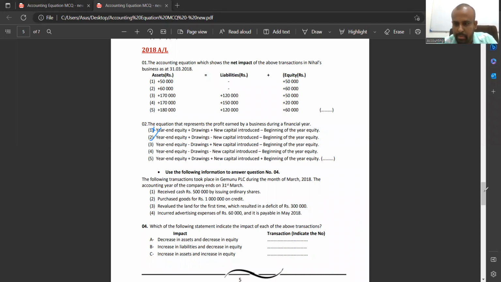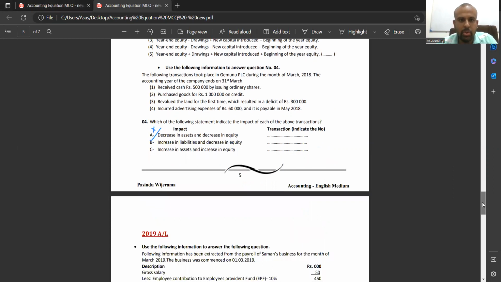Okay, then you want to start the next question, number 4. They have given a few pieces of information that they want you to identify. They want you to identify the effect of the given transactions.